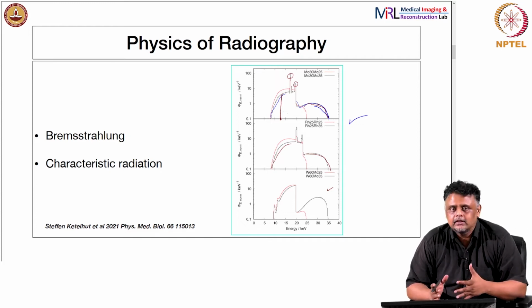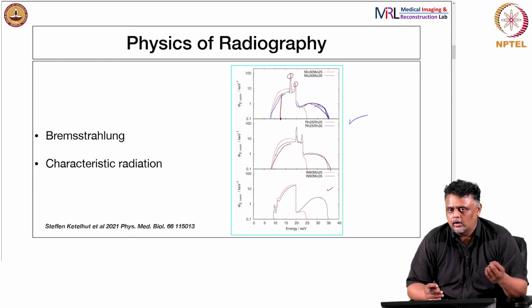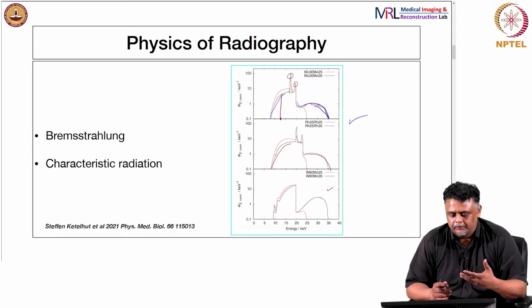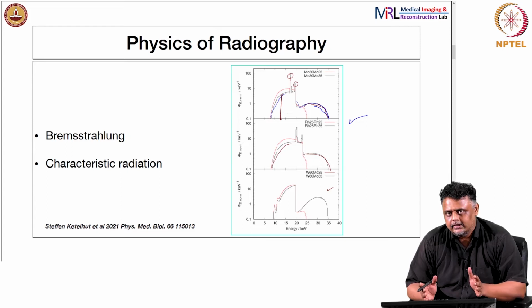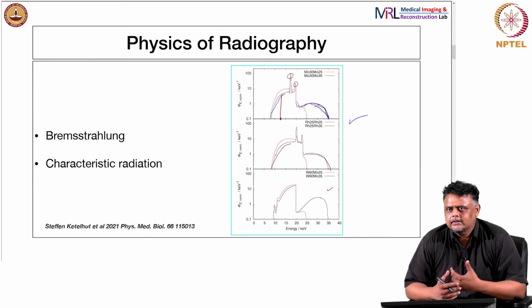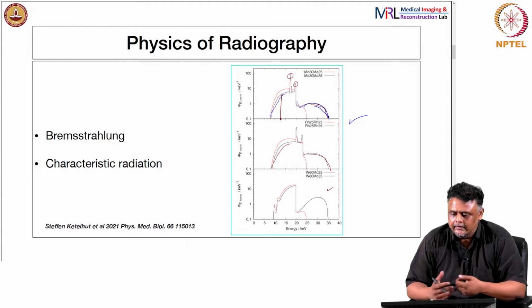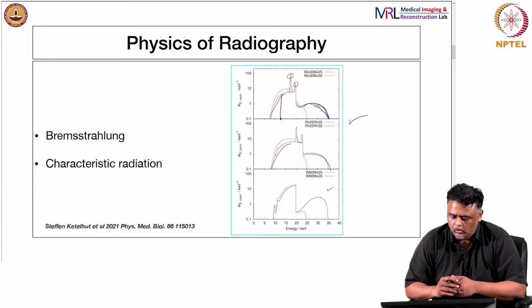You will have this range of energies, and this range is determined by the accelerating potential. Electrons are emitted from the cathode by thermionic emission, and they are accelerated by a potential difference. That potential difference, usually stated as kVp, determines the maximum energy of the electron, and that determines the maximum energy in the spectrum also.